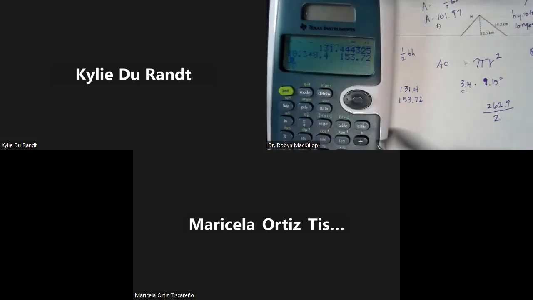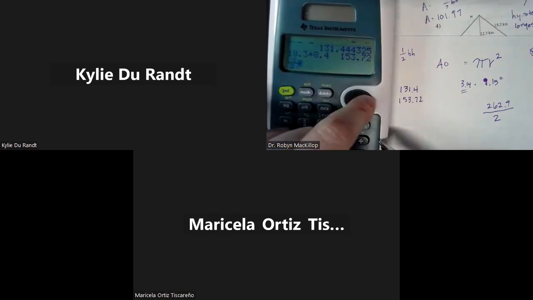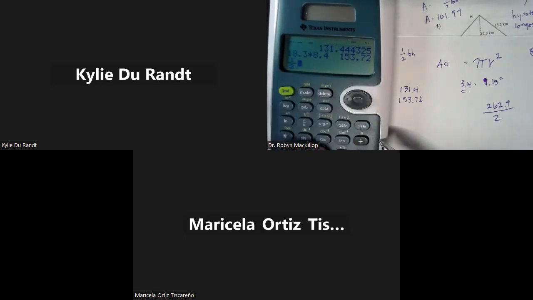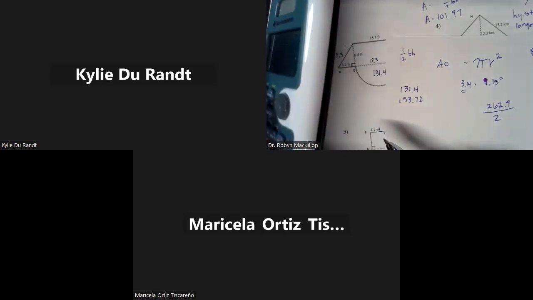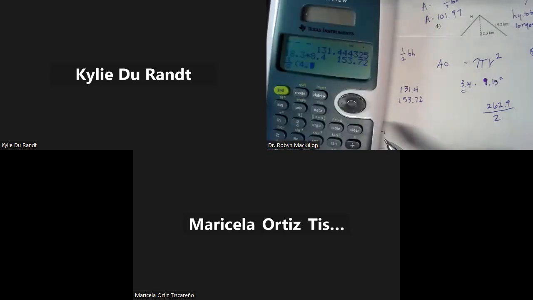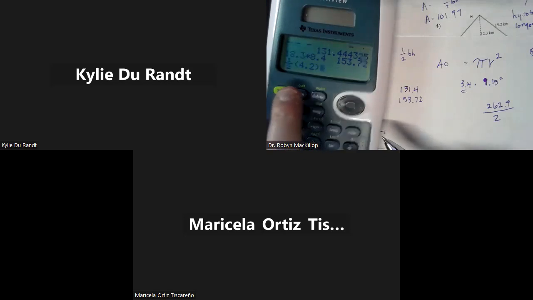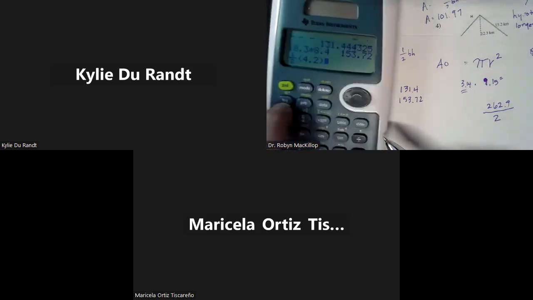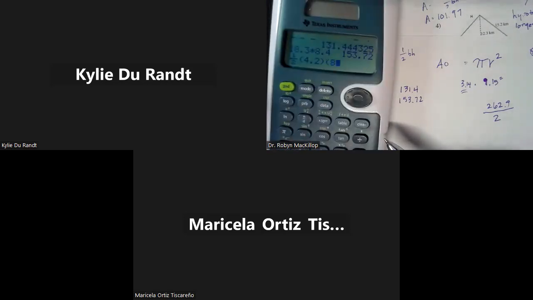So fraction button, 1, arrow down, 2, arrow out, times 4.2, close parentheses, times the height, 8.4. It's a lot, 17.64.